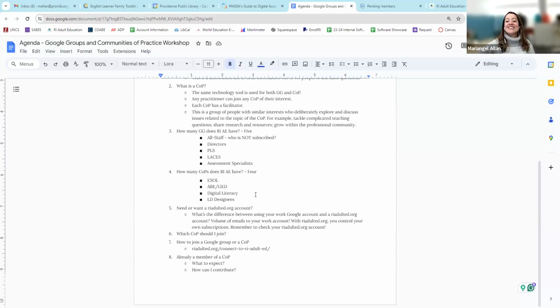Awesome. That's perfect. So that's 2. Great. And I already joined the ABE-GED one, but I can see there would be crossover with digital literacy too. But I just joined the one, figuring let's just figure out what it is first. Yes, that makes sense. Good.